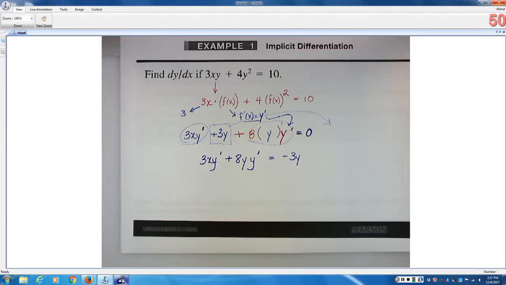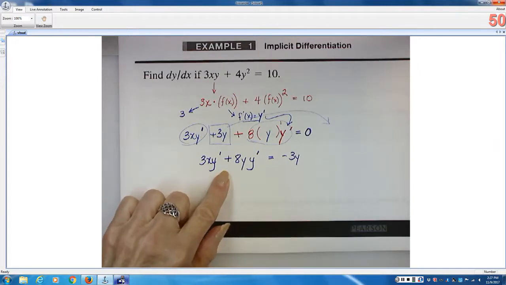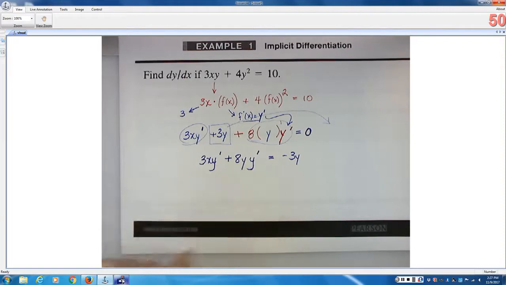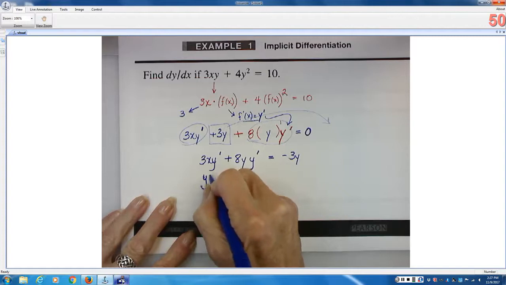It's probably not your favorite thing to do, but can you factor this? Can you factor out a greatest common factor? It'd be y prime. That's why we wanted all the y primes on one side.